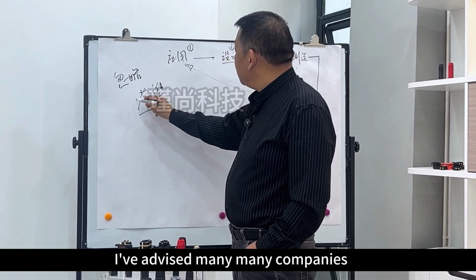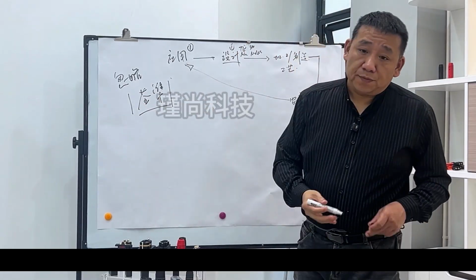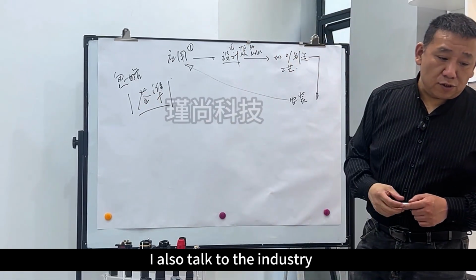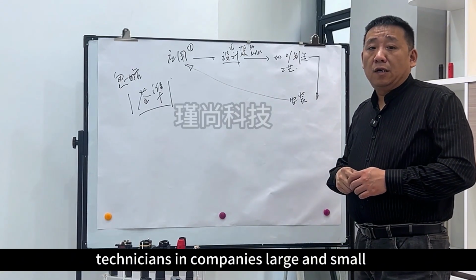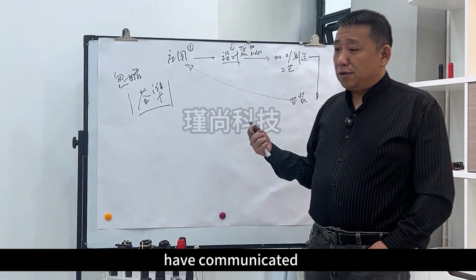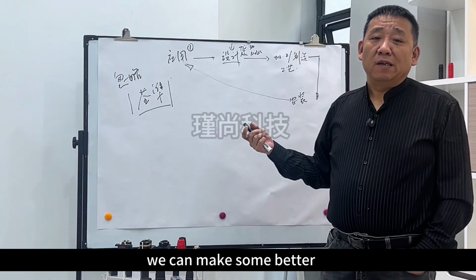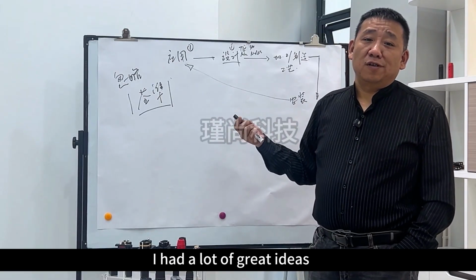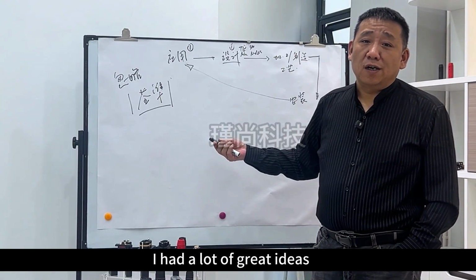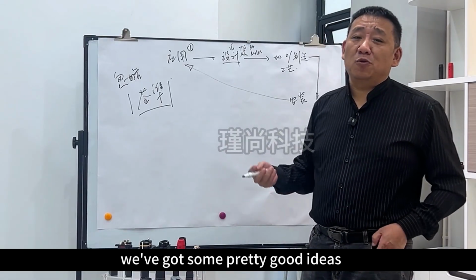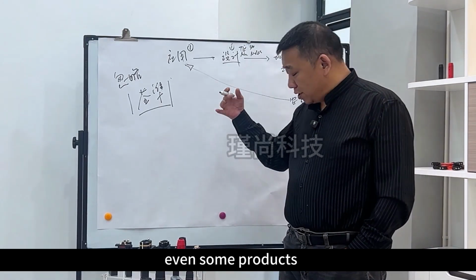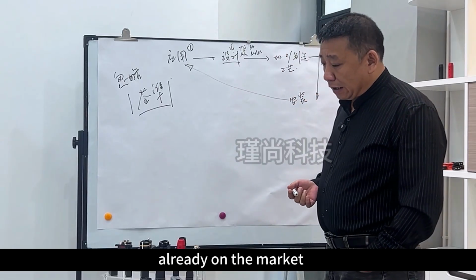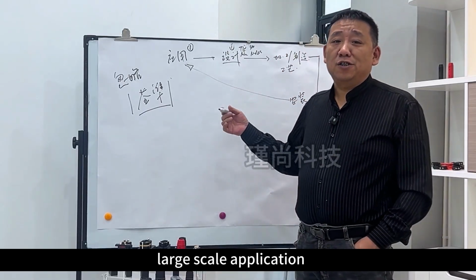I've advised many companies, and I also talk to industry technicians in companies large and small. We can make some better products. We had a lot of great ideas, some pretty good ideas, even some products already on the market with large-scale application.